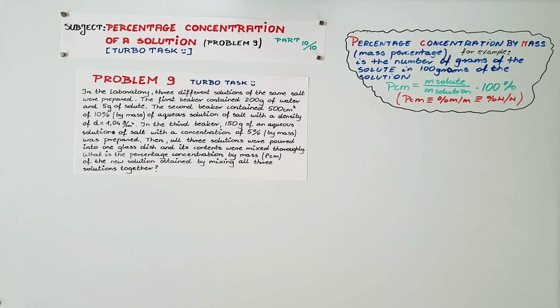The good news is that if you are able to solve this type of problem, you will be able to solve any problem involving the calculation of the percentage concentration by mass of a solution. Before we even write out the data, we will draw the beakers to sort out all the information we have here.